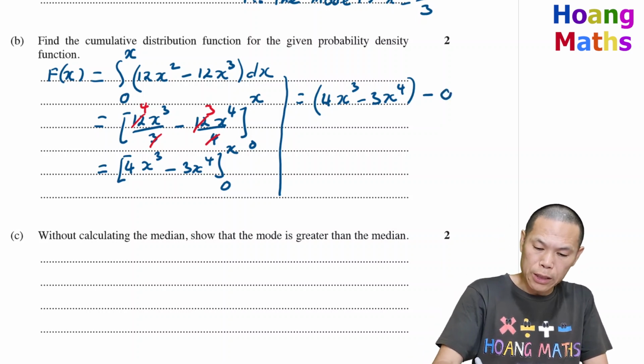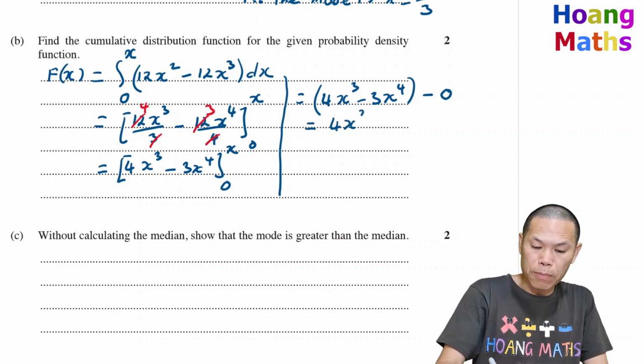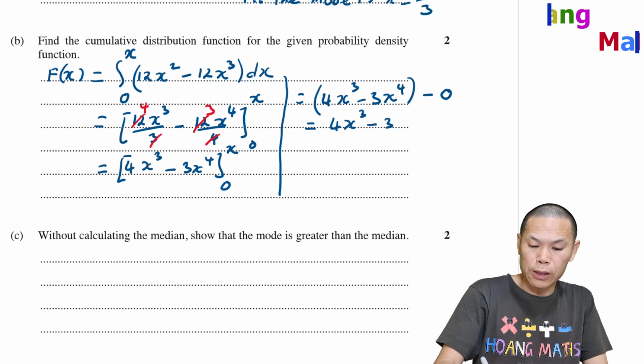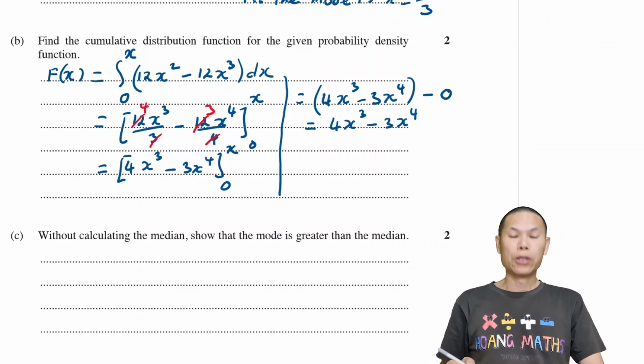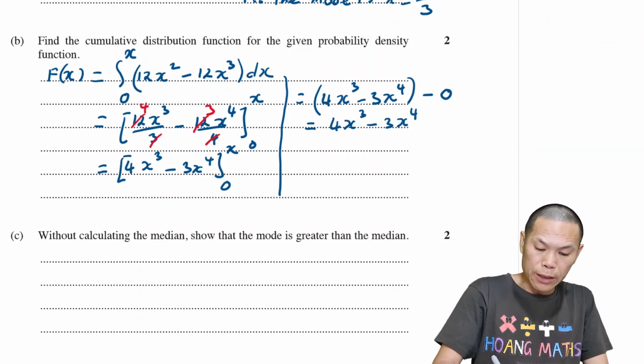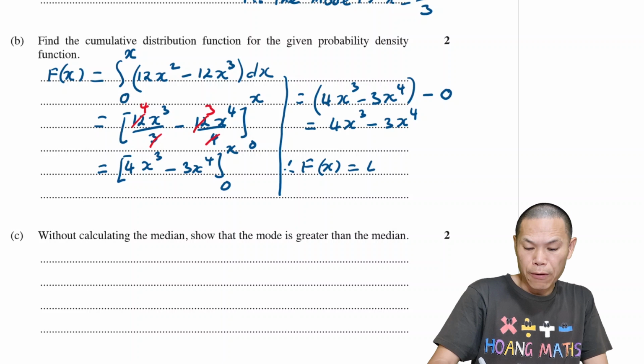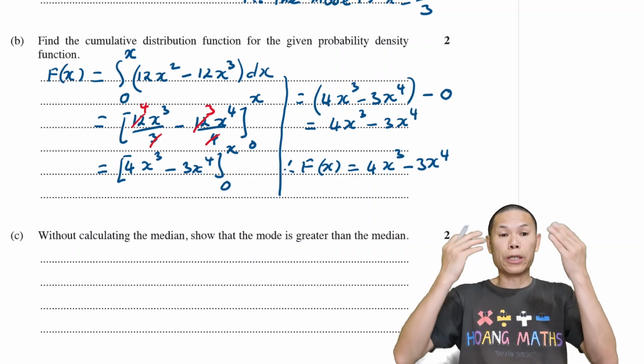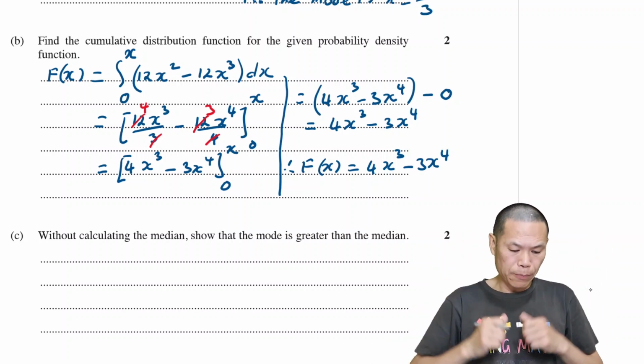So we just minus 0. That will give me 4x to the power 3 minus 3x to the power 4. So there you go. Therefore, the cumulative distribution function is 4x to the power 3 minus 3x to the power 4.